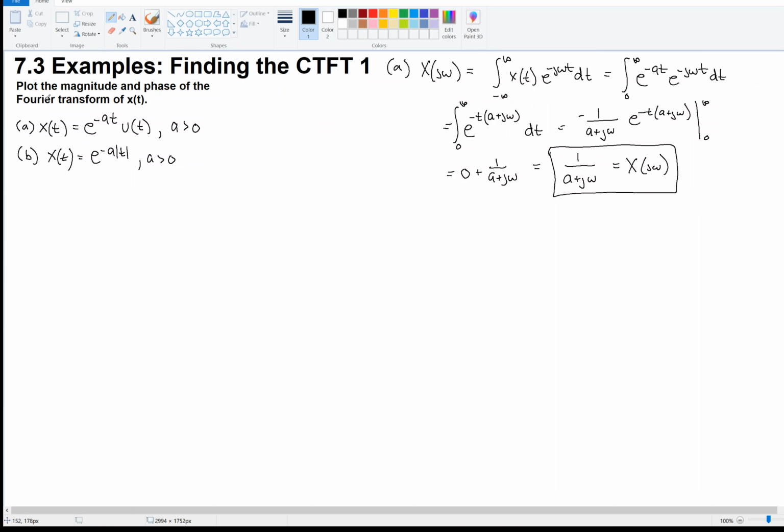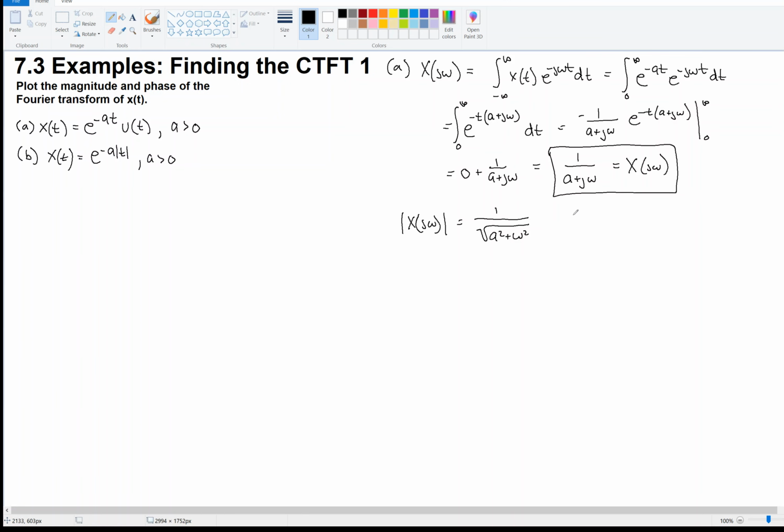Okay, so the question asked me to plot the magnitude and phase. So let's talk about the magnitude of x of j omega. The magnitude of the numerator is 1, and in the denominator I have a real part a and an imaginary part omega. So I can use Pythagoras there, and this is the square root of a squared plus omega squared. And that would be the magnitude.